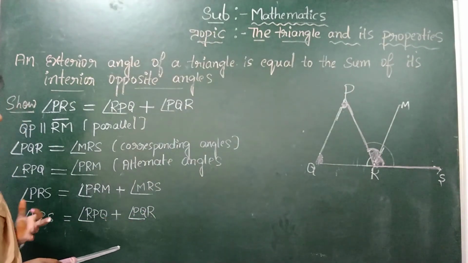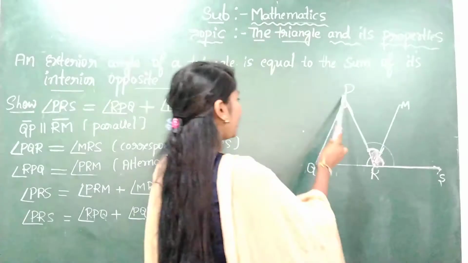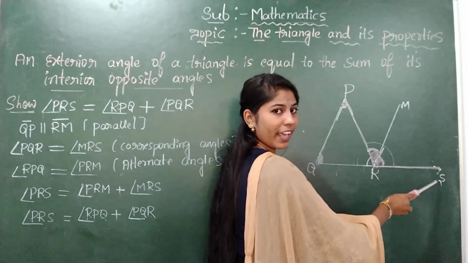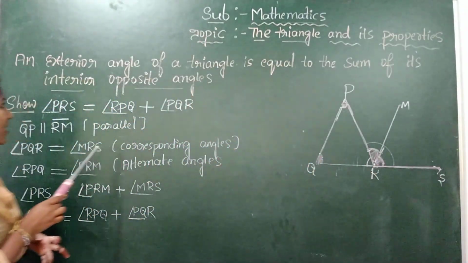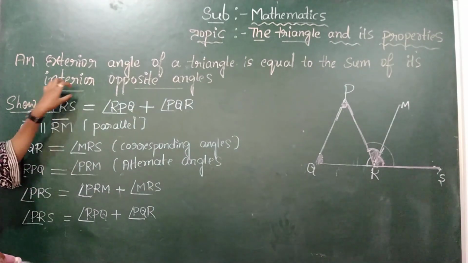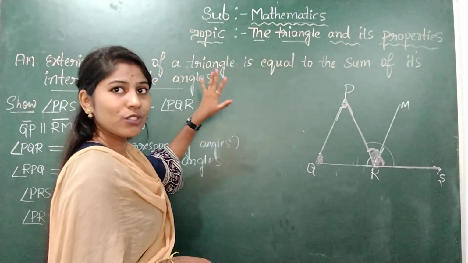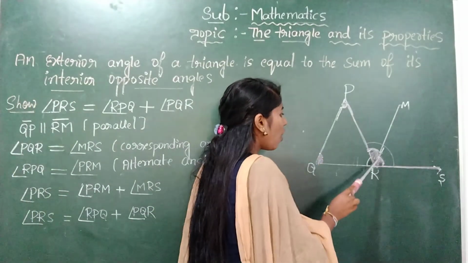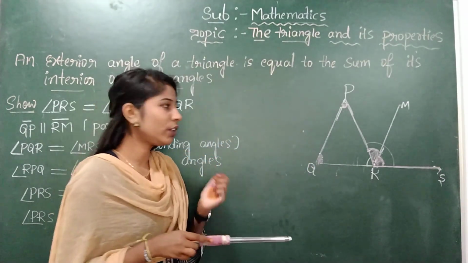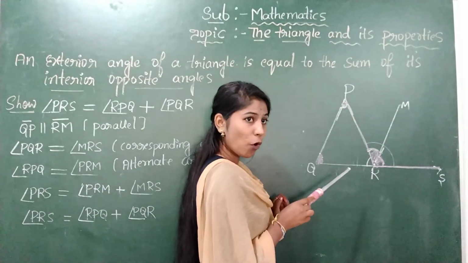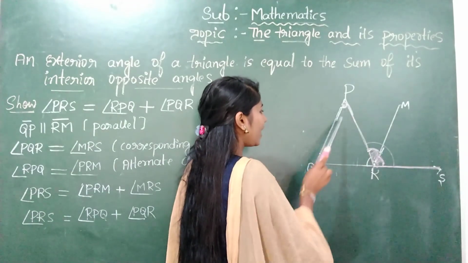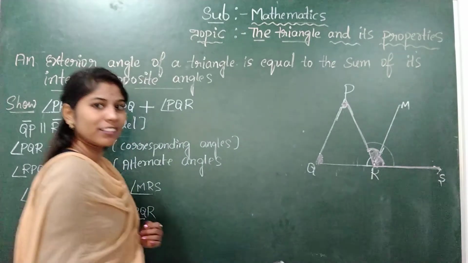The total exterior angle PRS is equal to the sum of its interior opposite angles, that is RPQ and PQR.